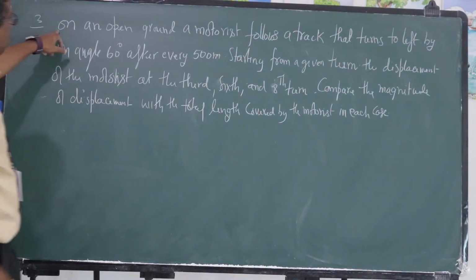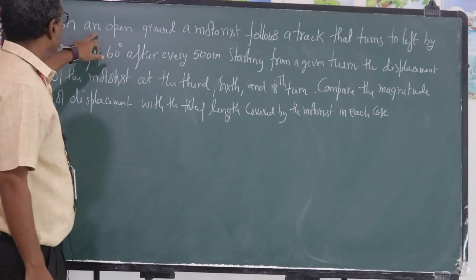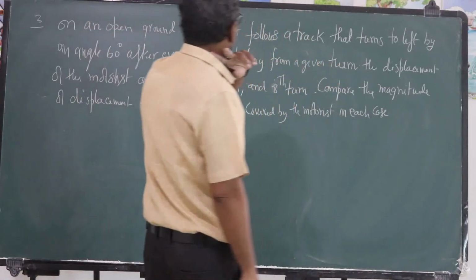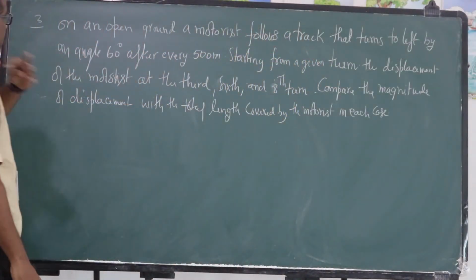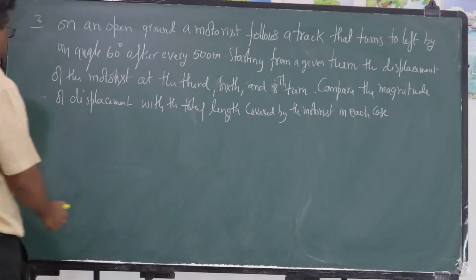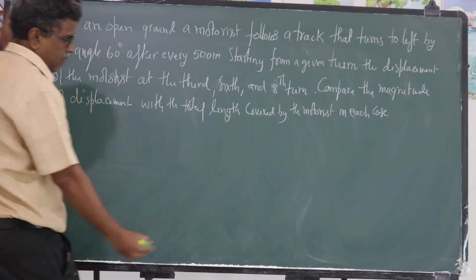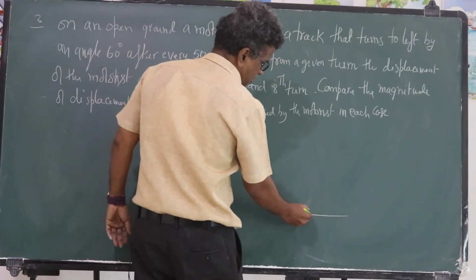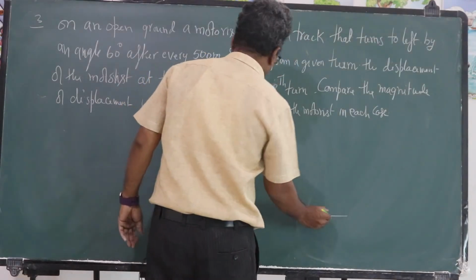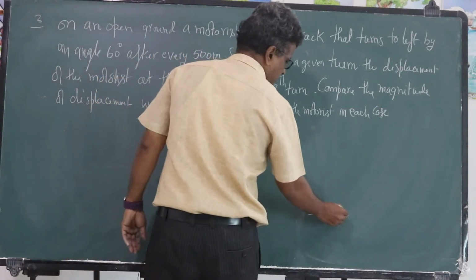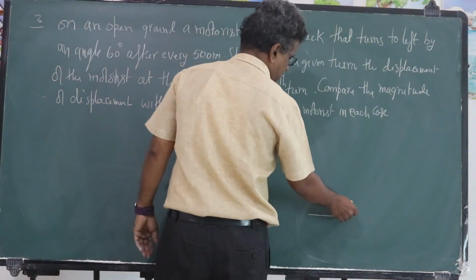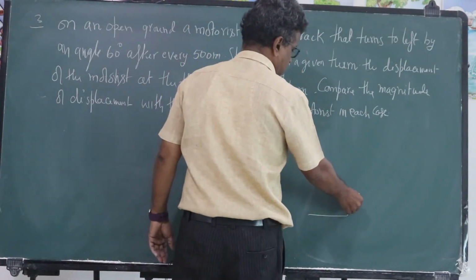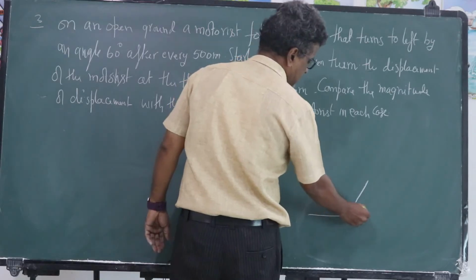So on an open ground, a motorist follows a track that turns to the left by an angle of 60 degrees after every 500 meters. Here, let this 500 meters be x. After 500 meters, he turns 60 degrees to the left. So this angle is 60 degrees.